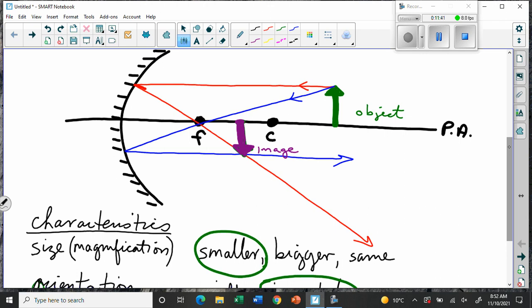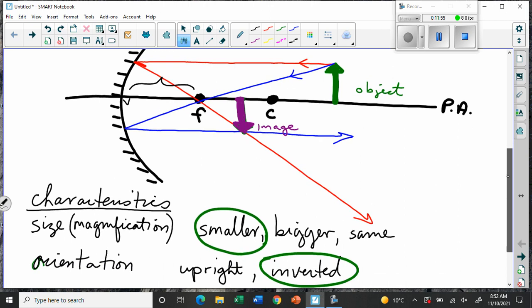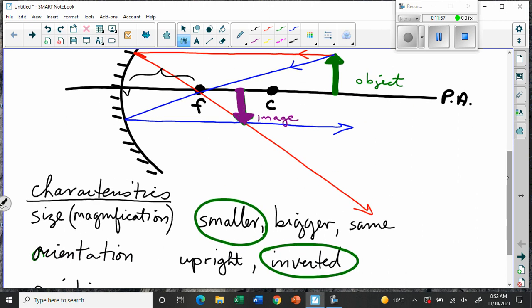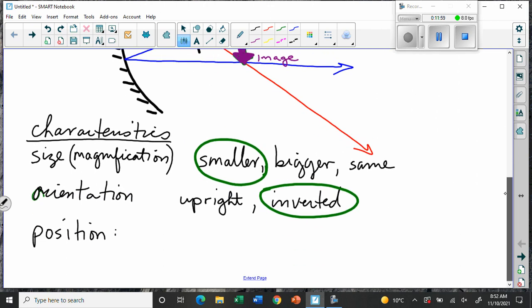So again, don't draw these things into your picture because it's confusing, but the image could be in here, and we would call that between V. Remember, this is the vertex V right here. That's between V and F. Or sometimes we just say inside of F. Inside F. So that's one spot, inside F.